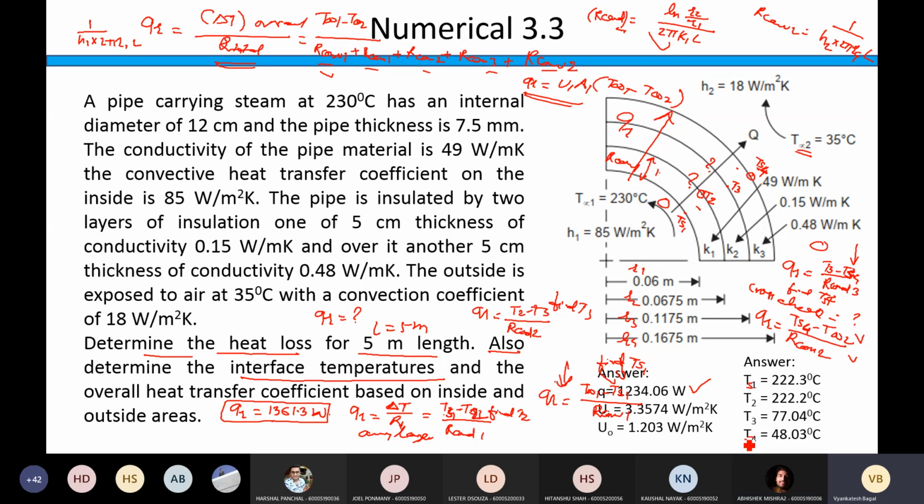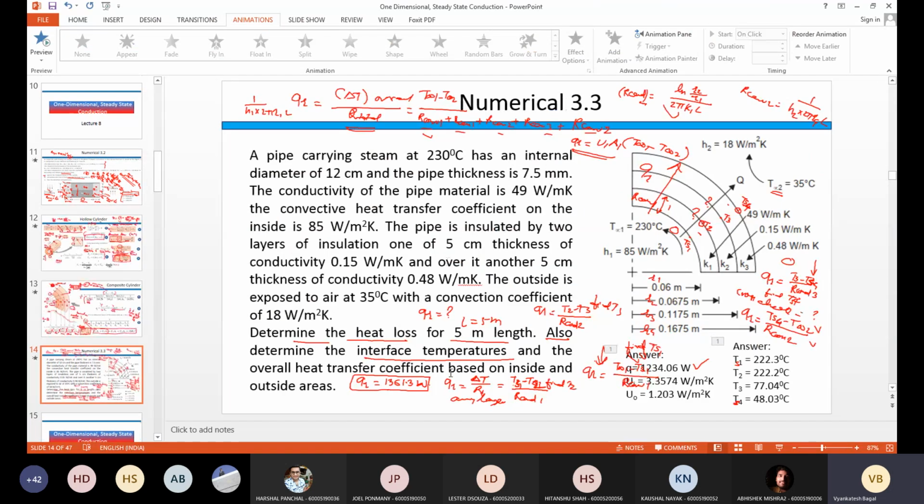Harshal. Yes, sir, just a minute, trying. Hello, sir. Yes, sir. Sir, 3.35 is coming, so I got the U inside, sir. It's the same as given on the slide.